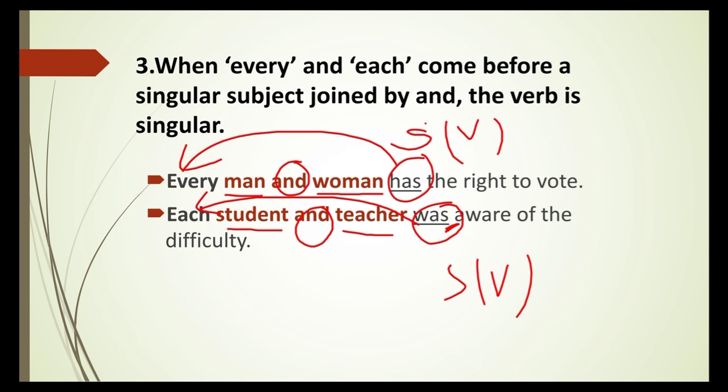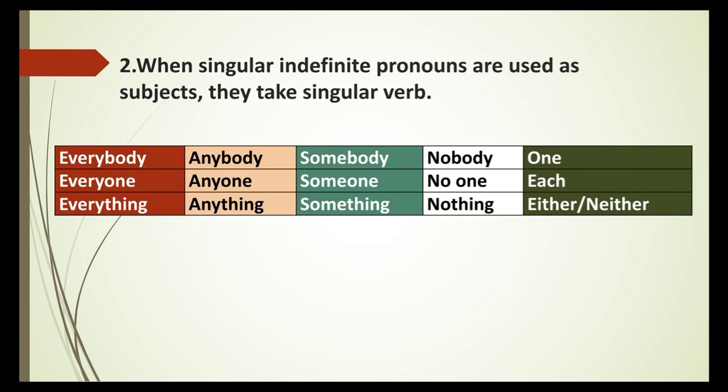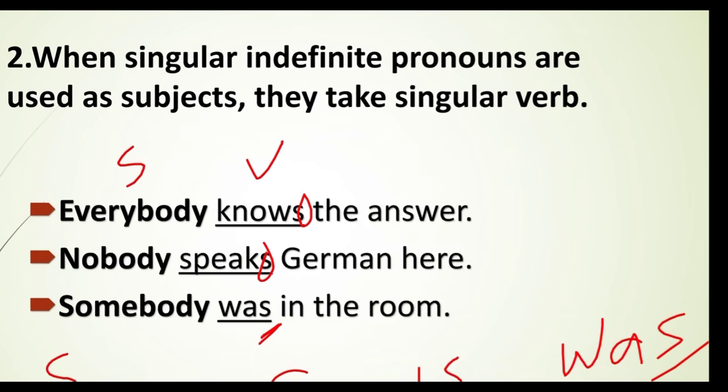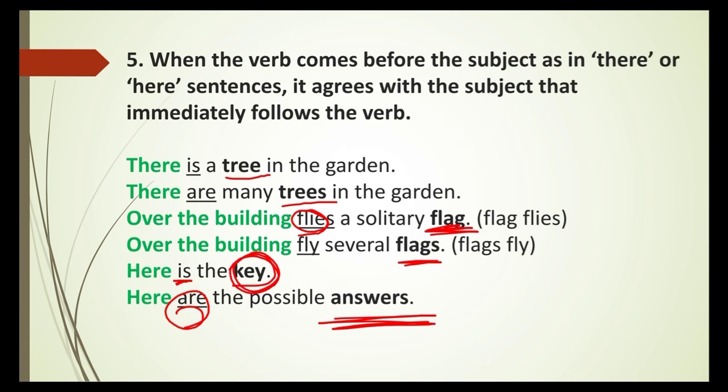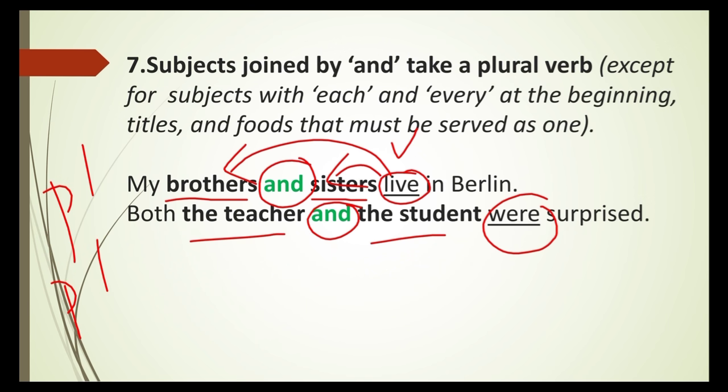Asan ba yung singular indefinite pronoun? Ayan, yung everybody, everyone, everything, anybody, anyone, anything, somebody, someone, something, nobody, no one, nothing, one, each, either, neither. So, yan yung singular indefinite pronouns. Rule number 2. And then, tatalon tayo sa rule number 8, ang sabi sa rule number 8 ay plural indefinite pronouns.